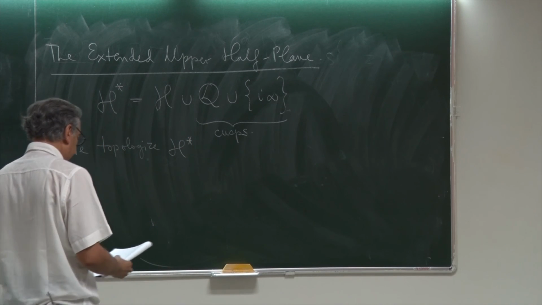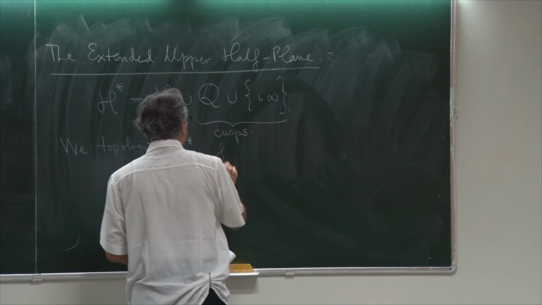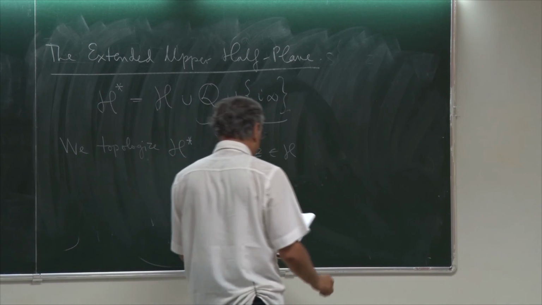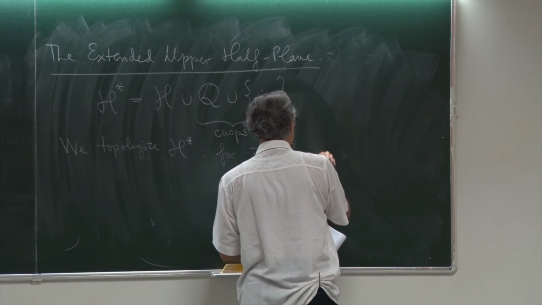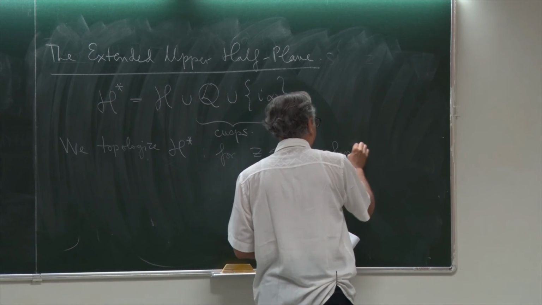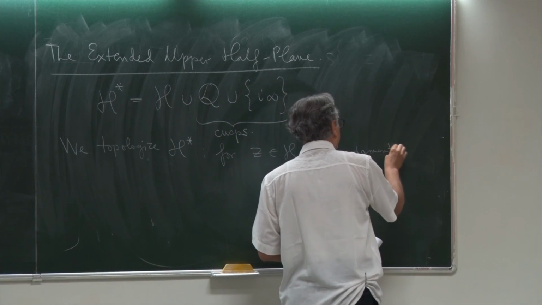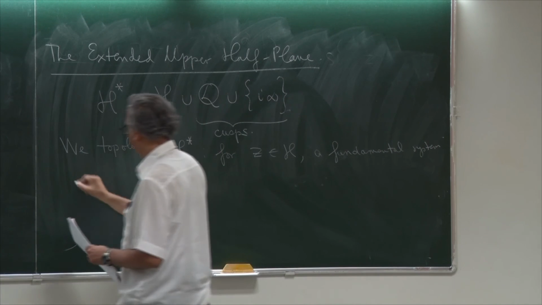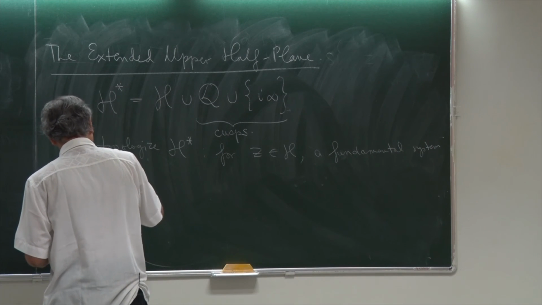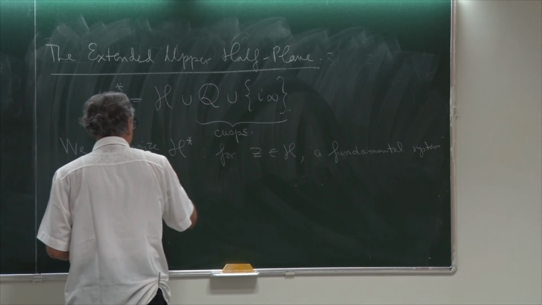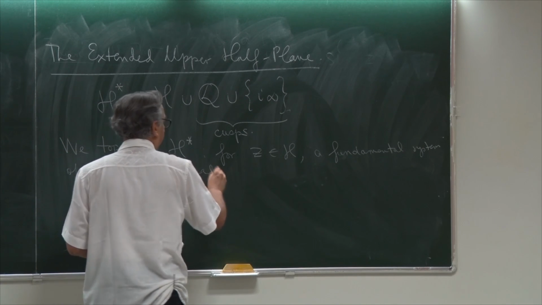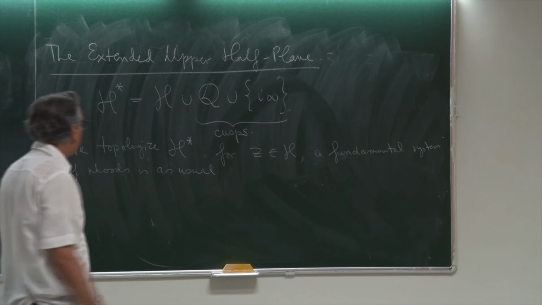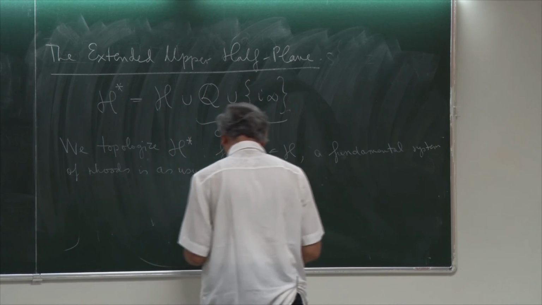We topologize H star in the usual way: for z in the upper half plane, the fundamental system of neighborhoods is as before, viewing the point in the upper half plane in the complex topology as usual.